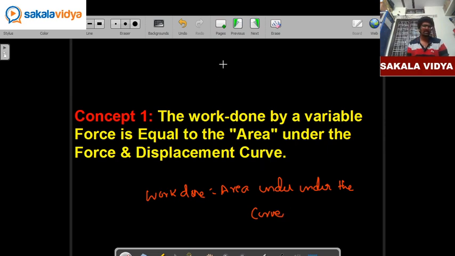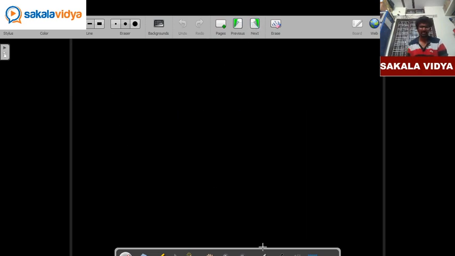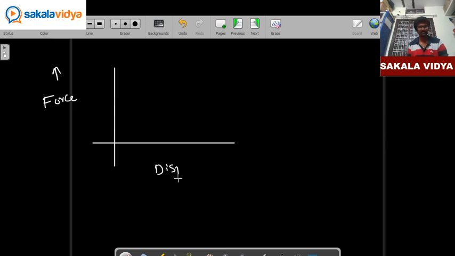So, what is the meaning of this? When a graph is plotted between force and displacement, force versus displacement, this is our x axis and this is our y axis.